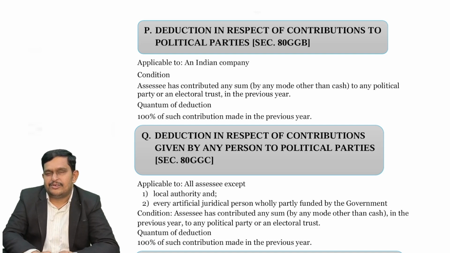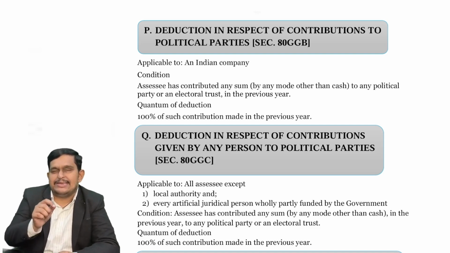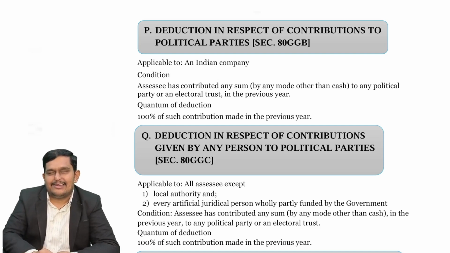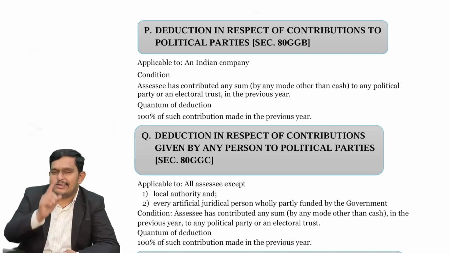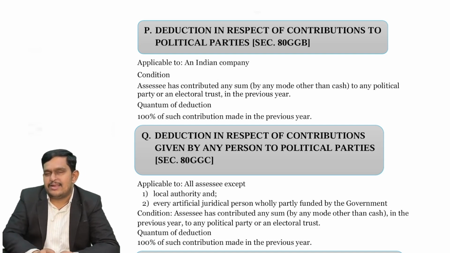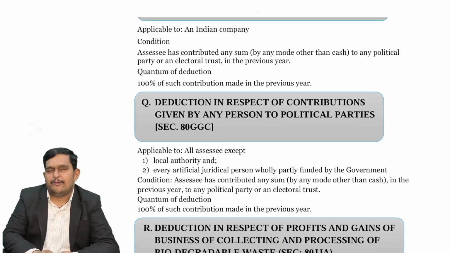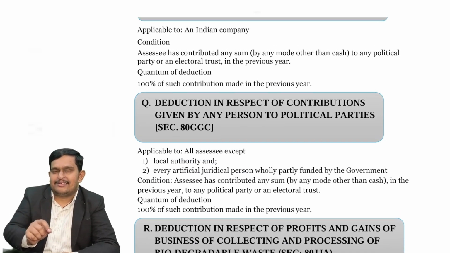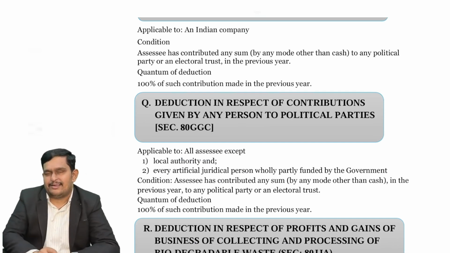Clear to all of you? But can we pay in cash in 80GGB or GGC? The answer is no. Even a single rupee you should pay through a banking channel to claim the deduction. If you pay in cash, you will not get deduction.